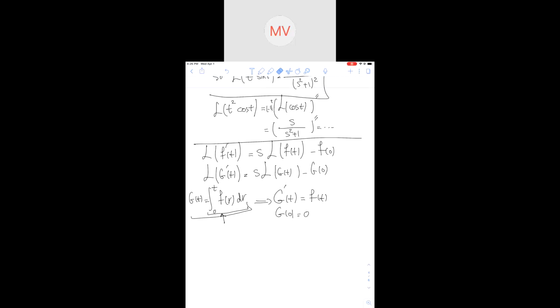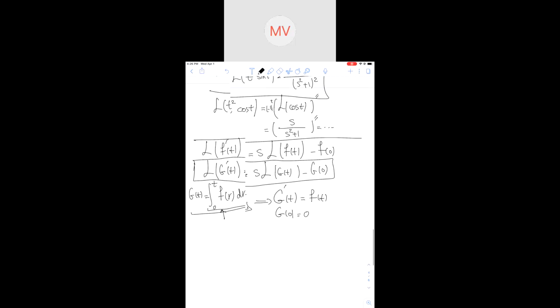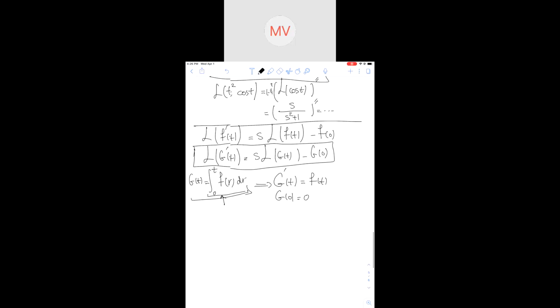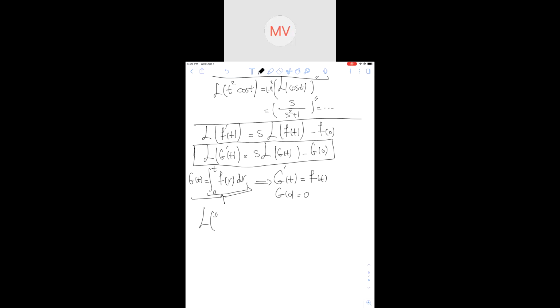Now I'm going to apply this formula to this function g of t. Let's write it down. Laplace of the derivative g prime, which is f of t, equals s times Laplace of g, the integral from 0 to t of f of r dr. That's my g of t term.